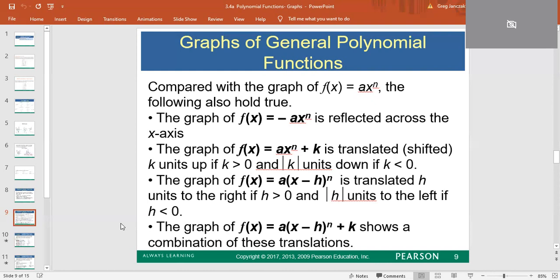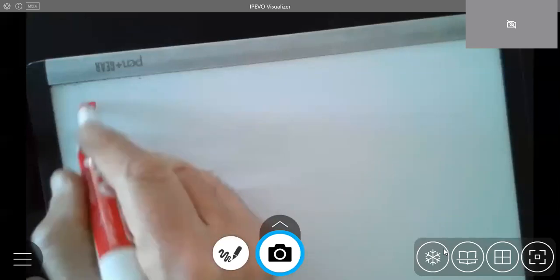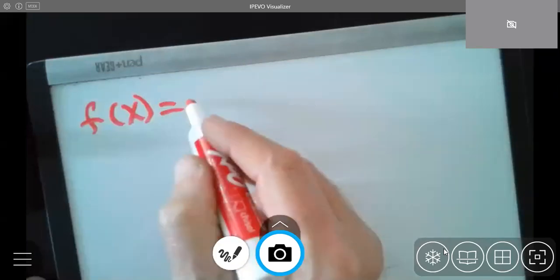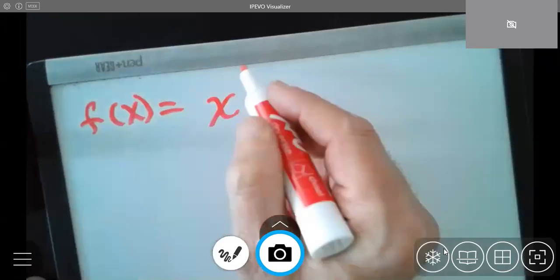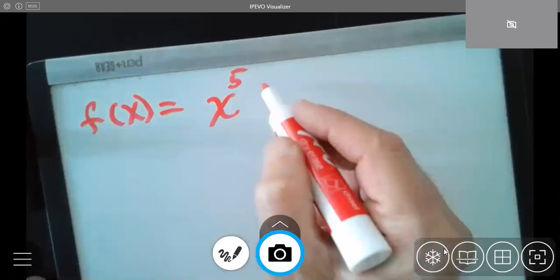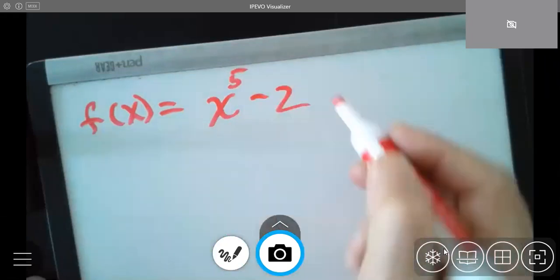So your next slide that you have, let's go back to the board, is f of x equals x to the fifth minus 2.